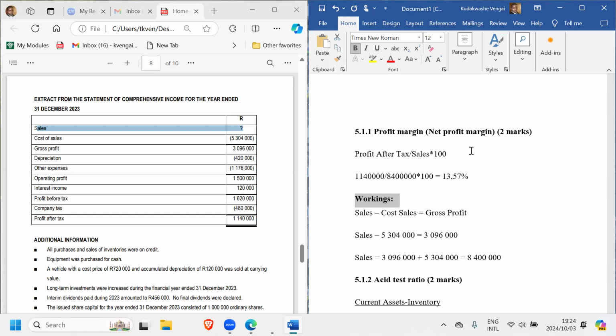You can either charge a higher price, which means you get a higher margin, or you can try to manage your cost so that you can reduce the cost of sales. Those are two things that you can do. Or like I said, you can work on increasing your sales. If you increase your sales, maybe you get a better margin, right? But that's your net profit margin.